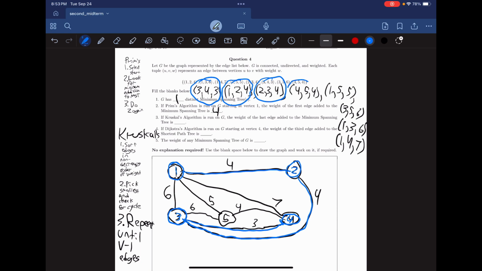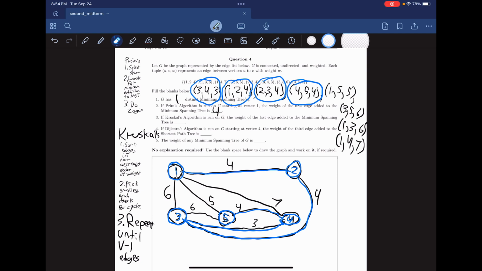Next, we have 4, 5, 4. So we are going to add the edge from 5 to 4. And we are once again going to check, does this create a cycle? No, it doesn't, because we don't have any second path to get from one vertex to another. So for example, to convince yourself of that, look at vertex 5 and look at vertex 1. How do you get from vertex 5 to 1 in our MST?